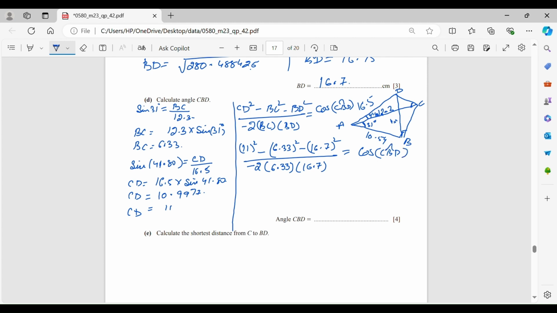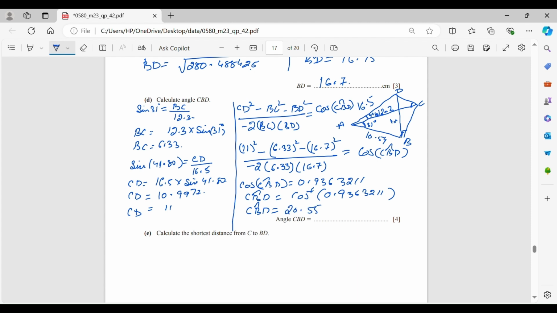We will use the calculator for this. Now cos CBD will be equal to 0.9363211. Now angle CBD will be equal to cos inverse of 0.9363211, and CBD will be equal to 20.55.